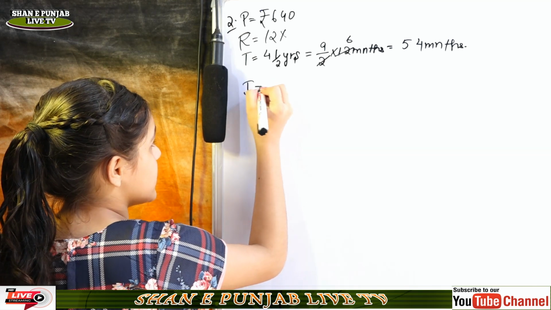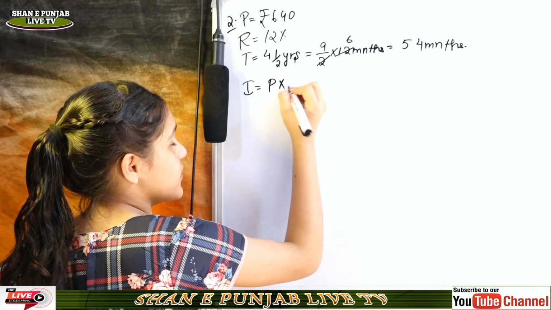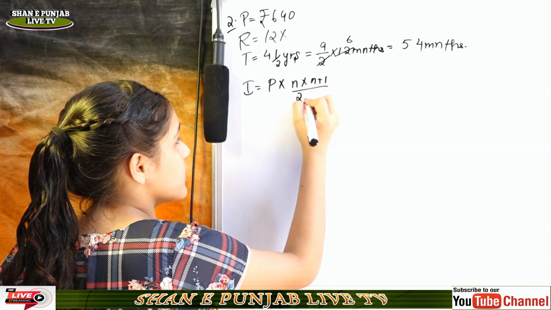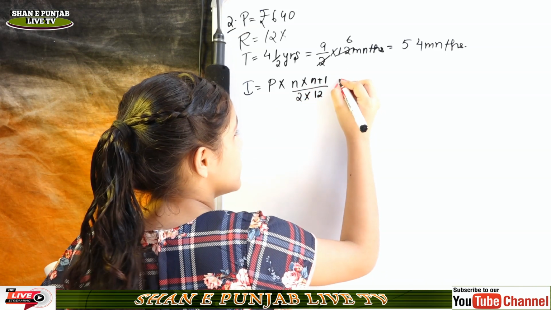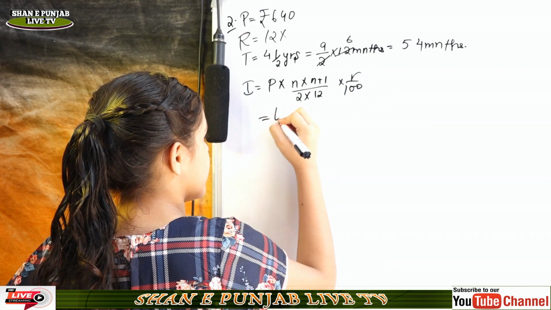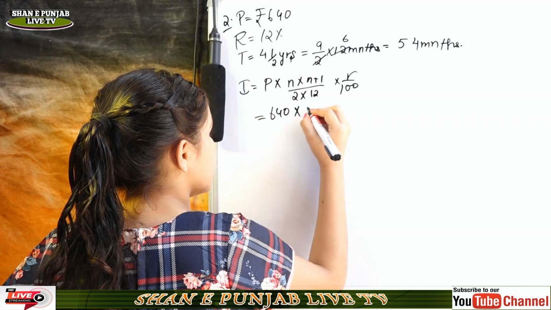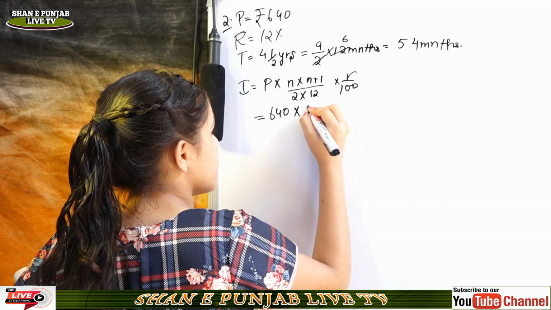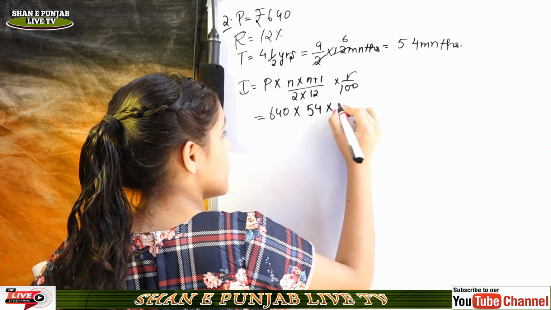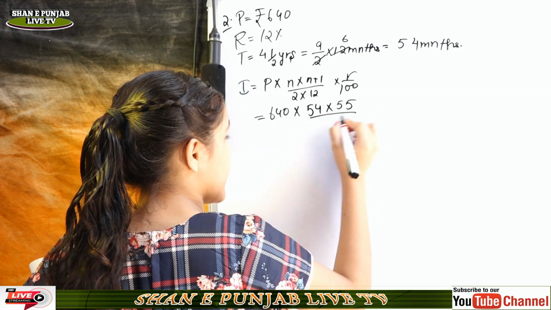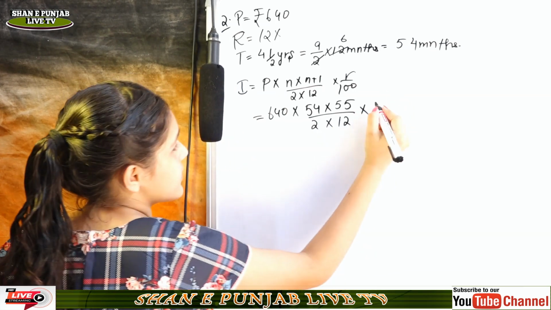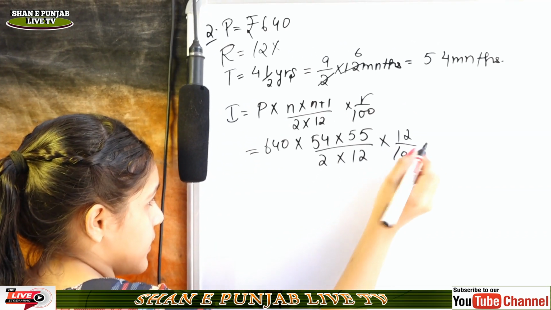Now firstly interest, P into n plus 1 upon 2 into 12 into r by 100. P here is 640 into 54 into 55 by 2 into 12. R here is 12 by 100.